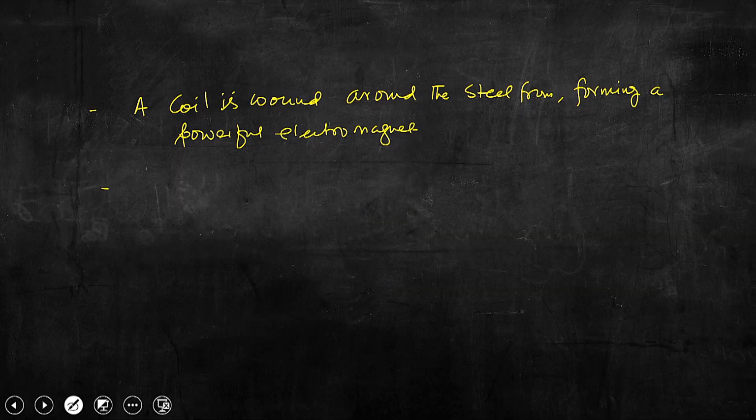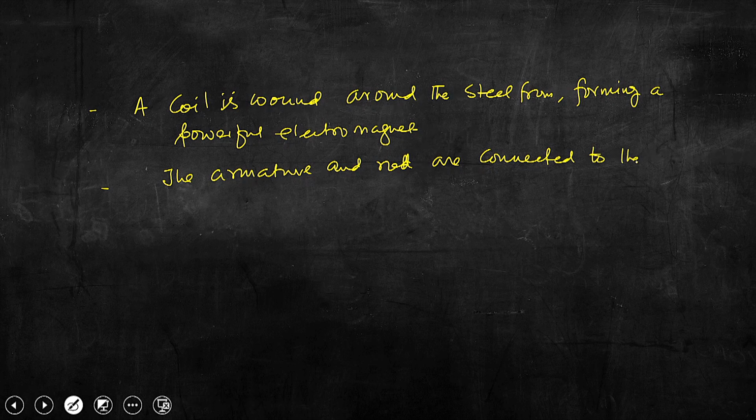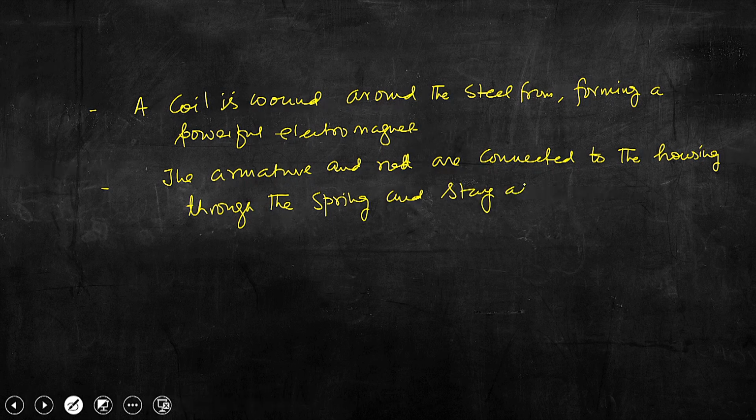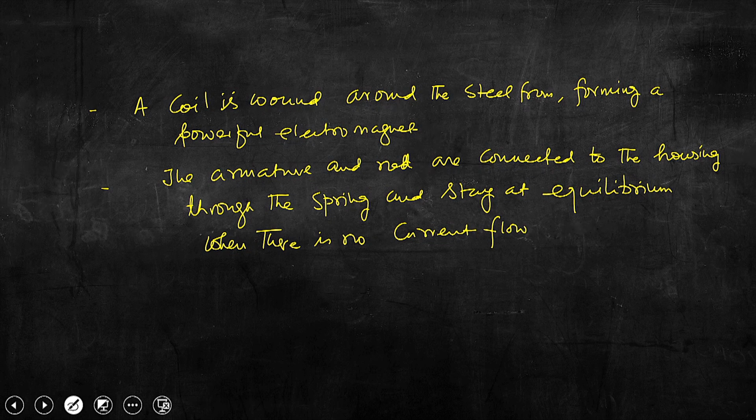Let me write here: the armature and rod are connected to the housing through the spring and stay at equilibrium when there is no current flow through the coil.